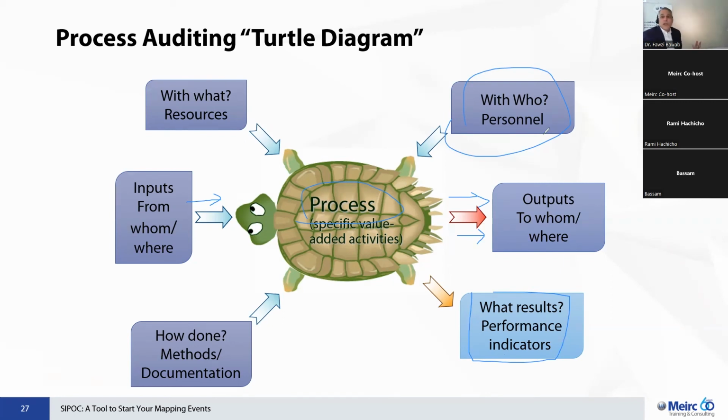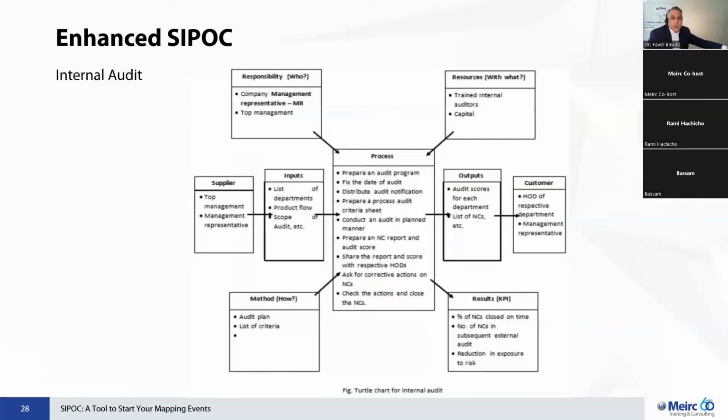We can use it to collect information on any type of process for the sake of improvement. But then when we bring the turtle and add it to the SIPOC, the tool that we just discussed, then we may start to have an enhanced SIPOC.